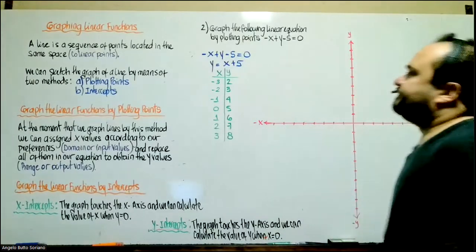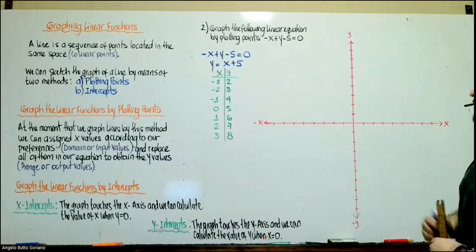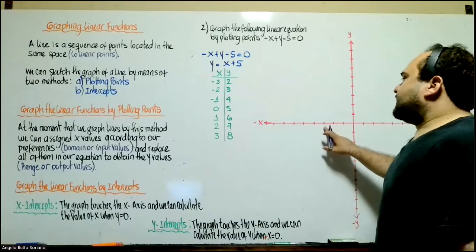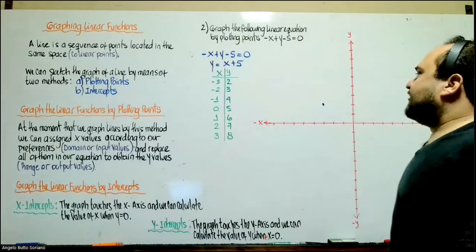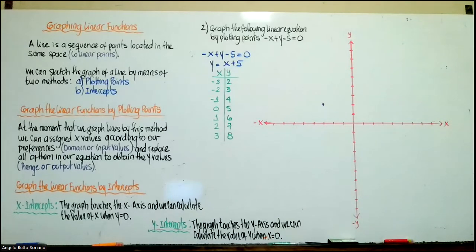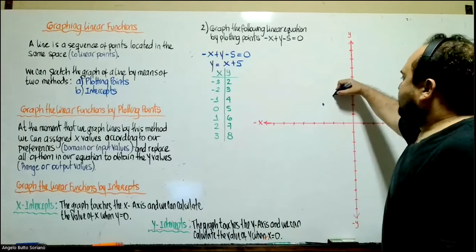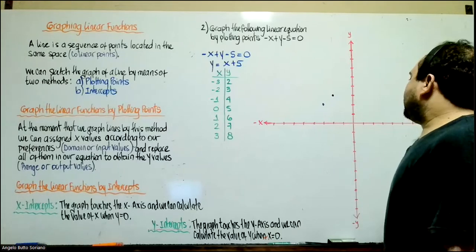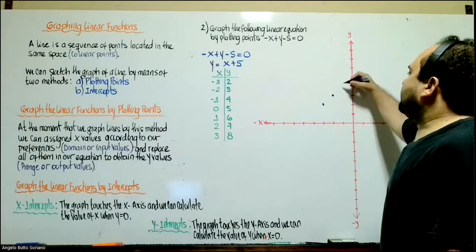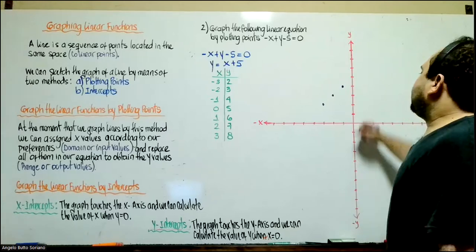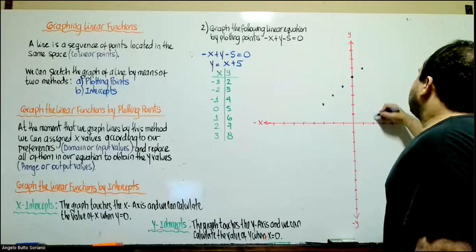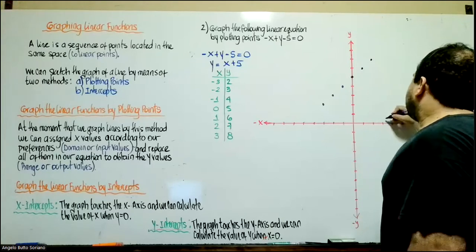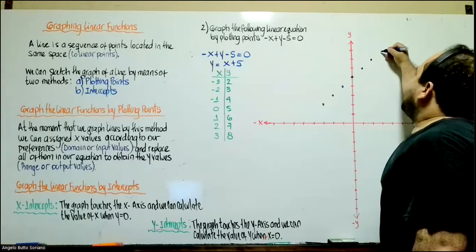So -3 with 2: -3 in x, 2 in y. It's the first point. The second point, -2 with 3. Then -1 with 4. 0 with 5. 1 with 6. 2 with 7. 3 with 8.